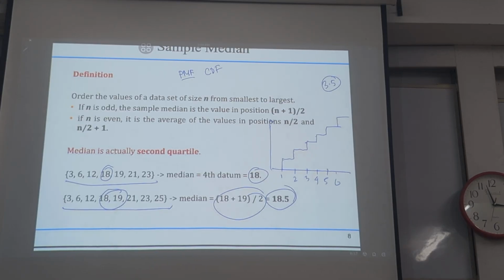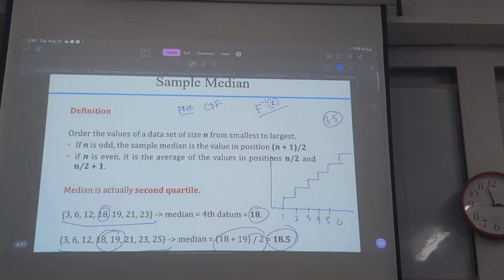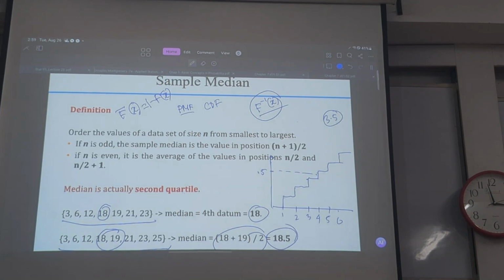Now, I discussed this quantity in an earlier class. Can anybody recall? This one is the inverse function. So, if you have the inverse function of the CDF, the inverse CDF, then a value of 0.5 here will lead you to the sample value.